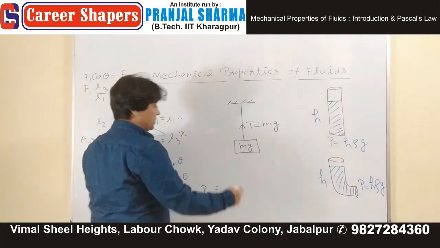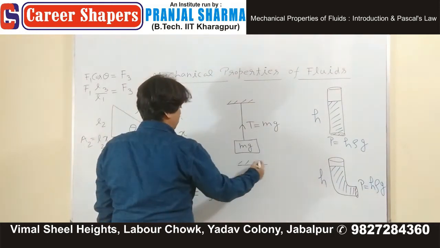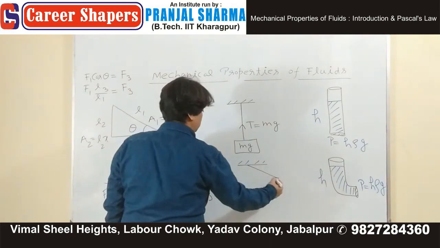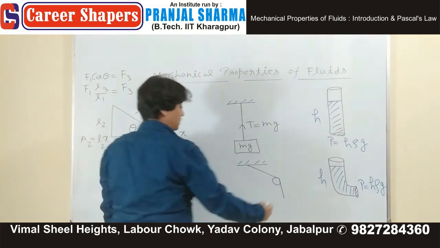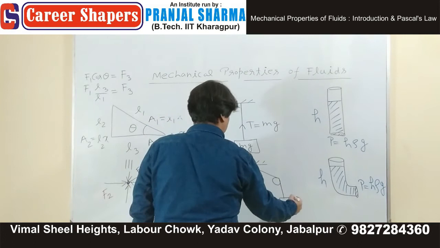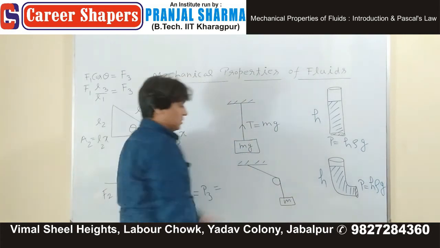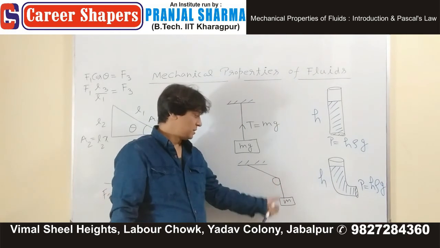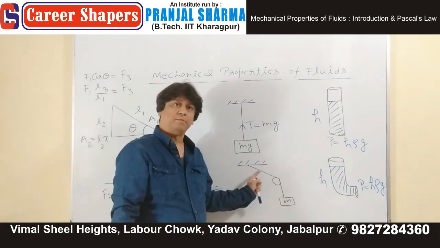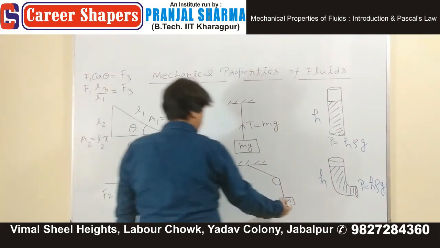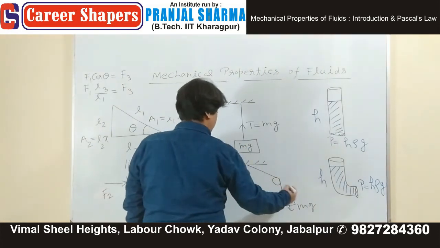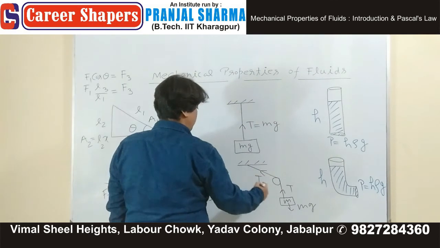Now, if I ask you that the setup is something like this. Rope, there is a pulley, frictionless. What is tension in this rope? कुछ भी हो जाए. Downward force कितना है अपना? mg. यहाँ भी tension क्या होगा? T. यहाँ भी tension क्या होगा?